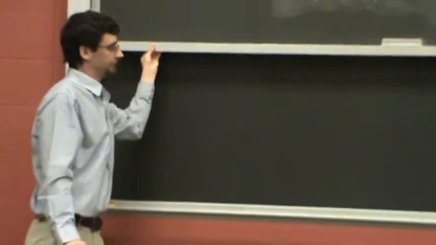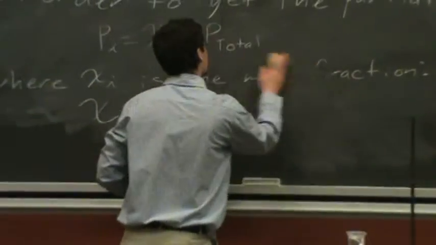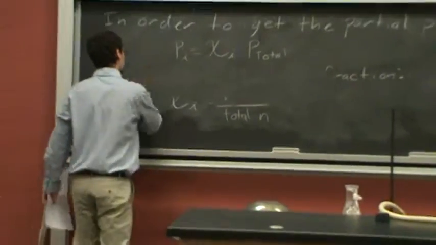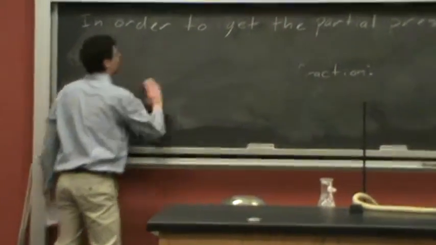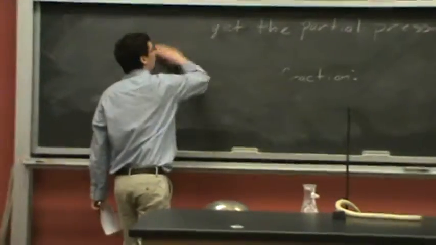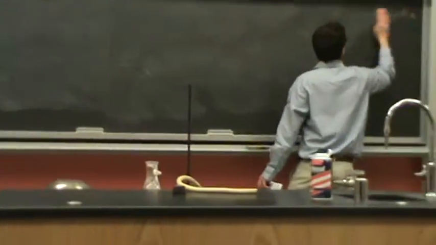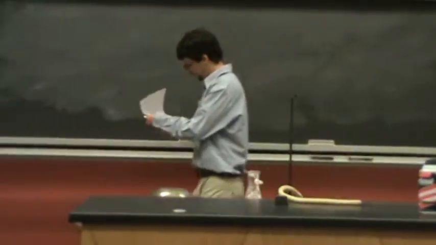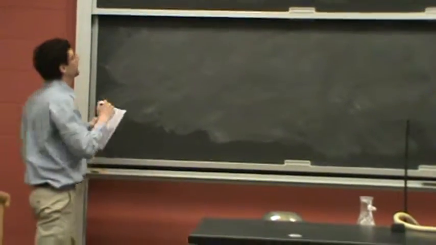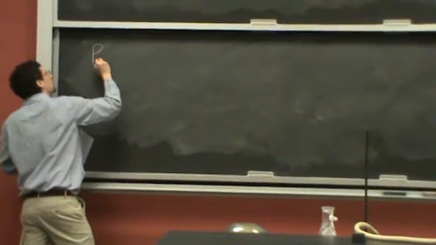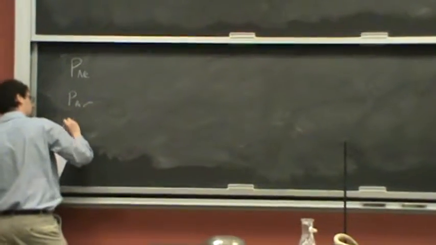All right. So what's the problem asking us? Or what are we looking for? Looking for partial pressures, right? Of each individual gas. How many gases do we have in the system? Three. What are they? Neon, argon, and xenon. So we have the pressure of neon, pressure of argon, pressure of xenon.